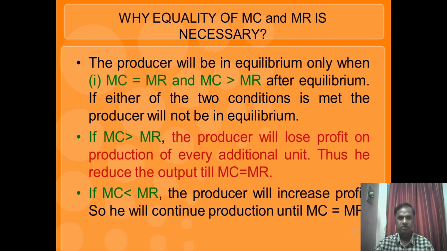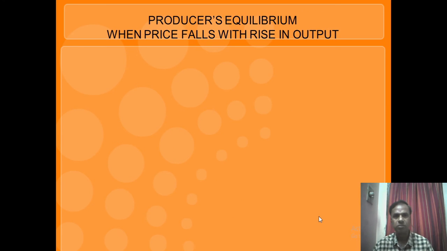You see here, when cost is more than revenue, loss of profit. When cost is less than revenue, he will get more profit. That's why he will not be in equilibrium in both the situations. He will be in equilibrium when MC is equal to MR.